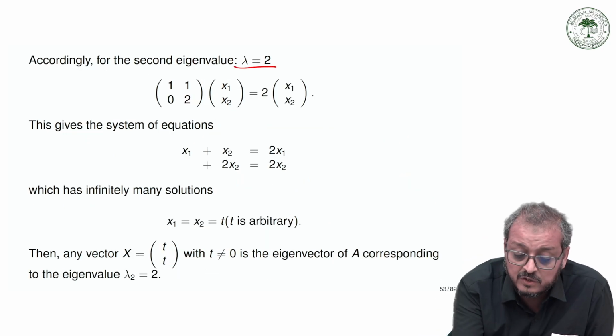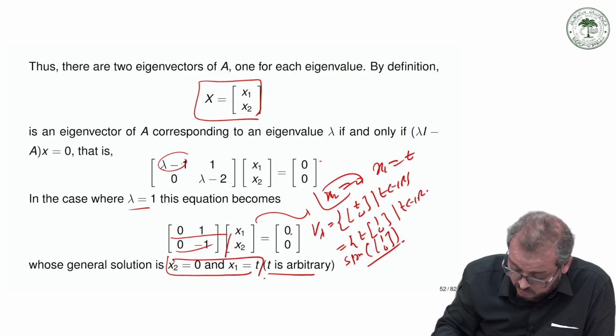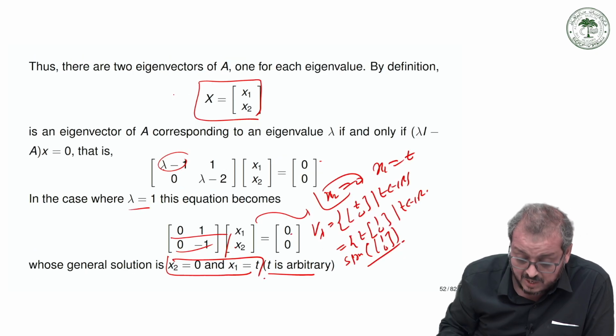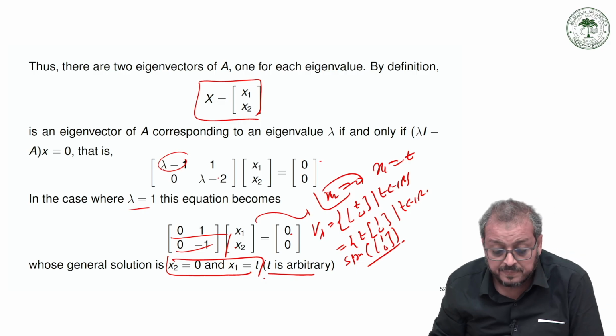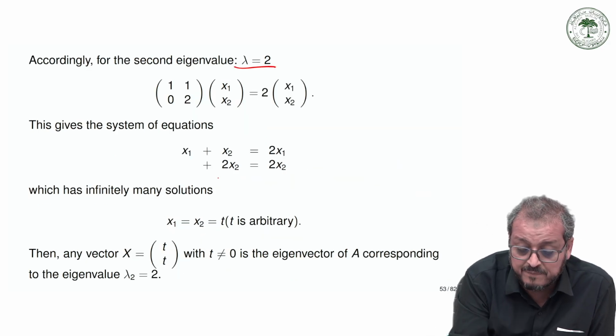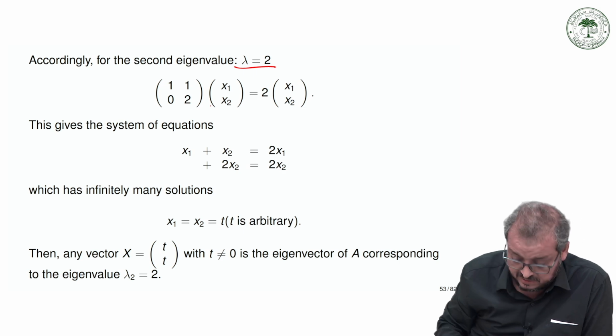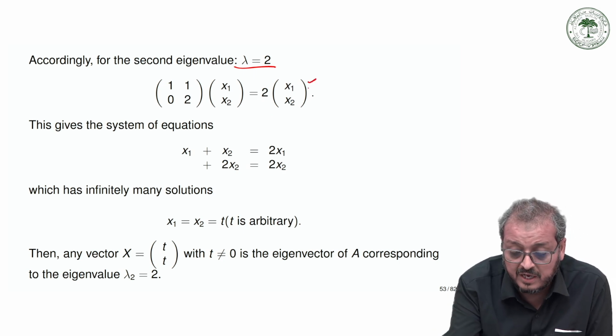Now for lambda equal to 2, we substitute lambda equal to 2: 2 minus 1 is equal to 1, and 2 minus 2 is equal to 0. We can write this in the form of this matrix times x equal to 2 times (x1, x2).